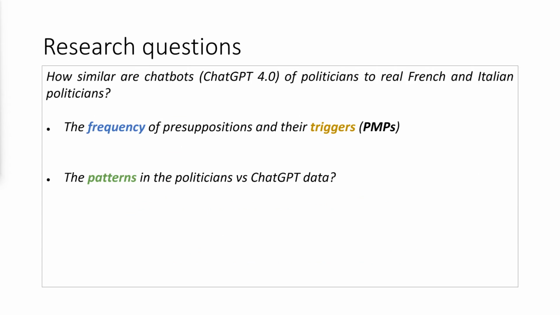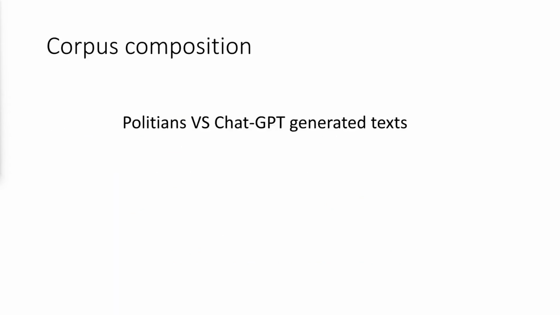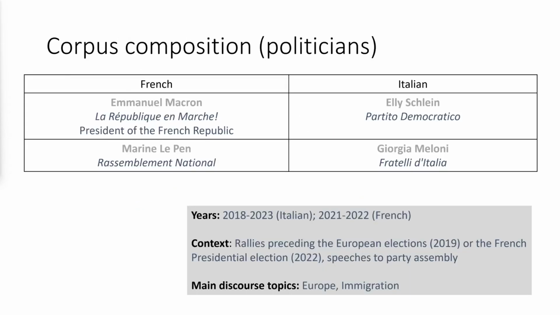To do so, my research team and I created two corpora, one built of politician speeches and one of ChatGPT generated text. The politician speeches are taken from four politicians, two French politicians, Emmanuel Macron and Marine Le Pen, and two Italian politicians, Elly Schlein and Giorgia Meloni.